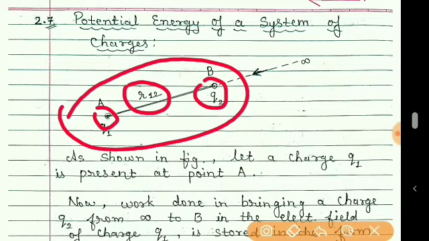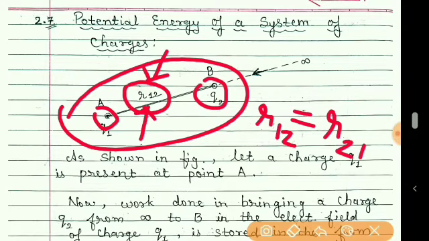Now students, one more thing to remember is that potential energy is a scalar quantity. So here direction is not important, and we have not kept a vector over this r1,2. If I write r1,2 or r2,1, the meaning is the same.